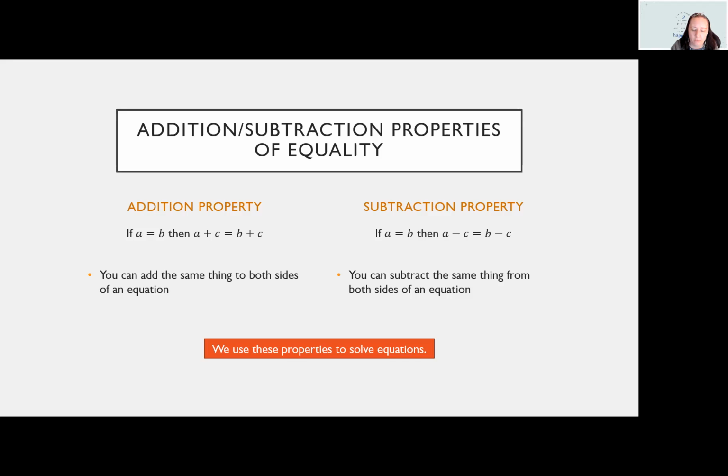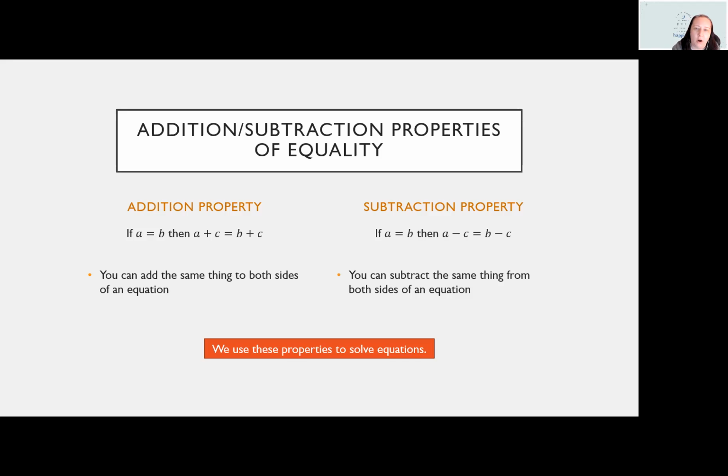If you have something balanced and you're adding weights, whatever you add on the left, you have to also add on the right to keep its balance. The subtraction property has the same idea, where you can subtract the same thing from both sides. You could remove things from both sides of the equation to keep it balanced.